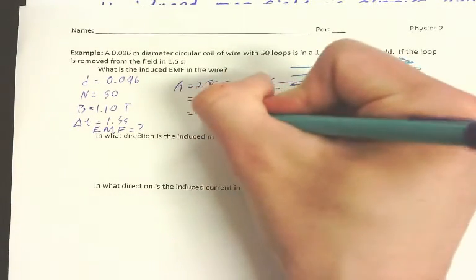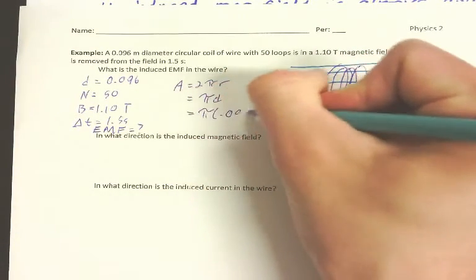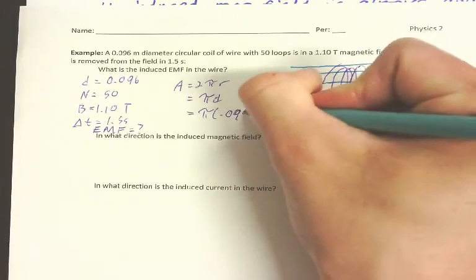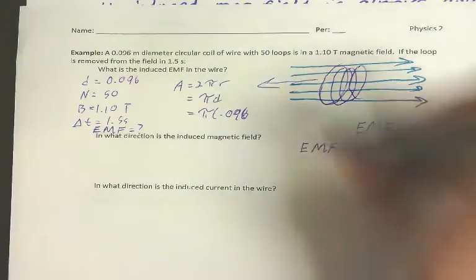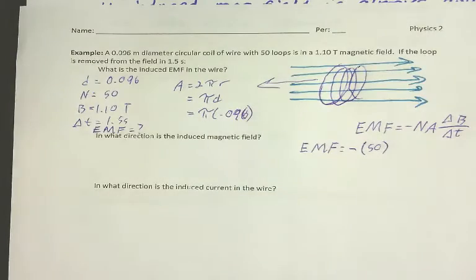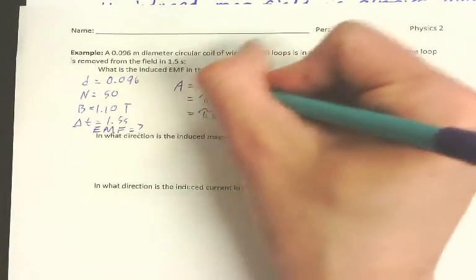So pi times 0.096. Oh, yeah, thank you. I'm thinking of circumference. Thank you.